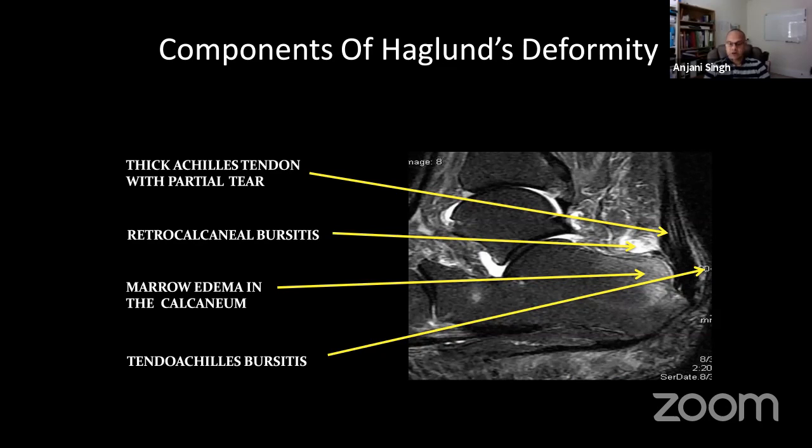You've got tendo-Achilles bursitis, which is the pre-bursa here, and then you've got the retrocalcaneal bursa, which is inflamed because of this prominence of the bone here, which is the edema in the calcaneum, which is part of the Haglund's deformity, which leads to wearing out of the tendon, and most of the time this area gets affected because of the constant friction. There is bursitis, and you can always differentiate how much of the pain is actually due to the retrocalcaneal bursitis, or is it due to the insertional tendinopathy.